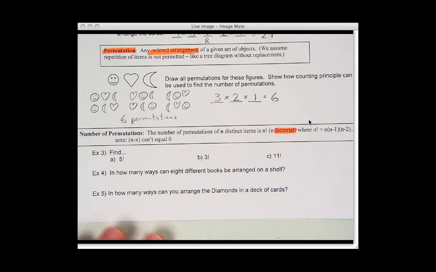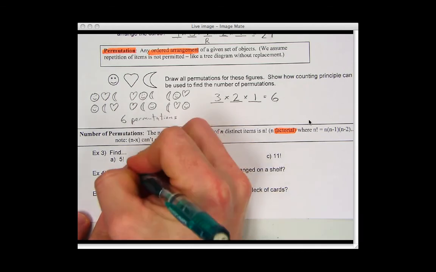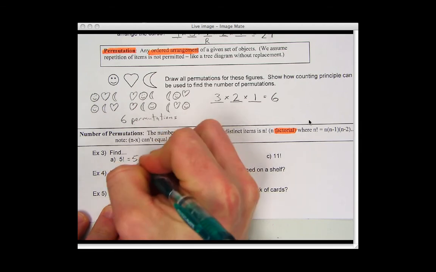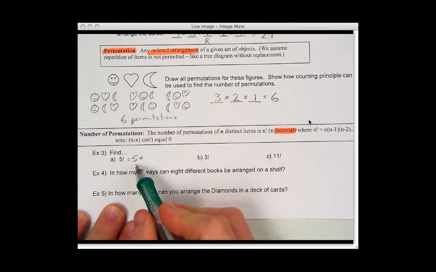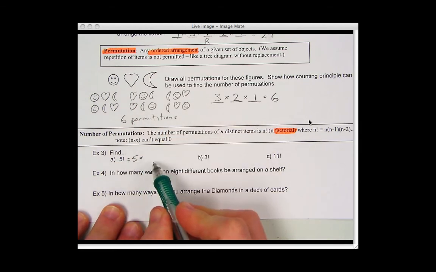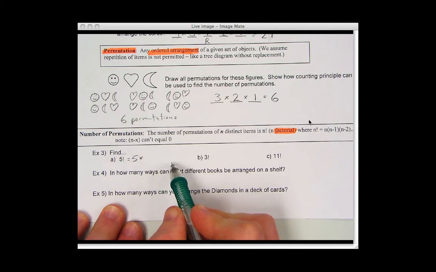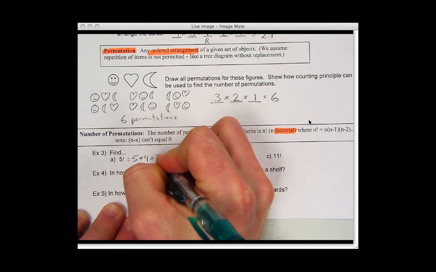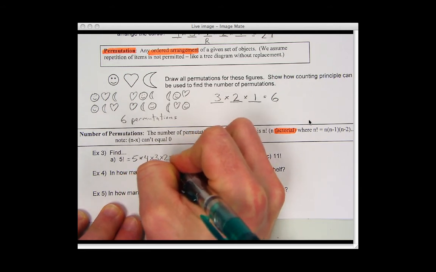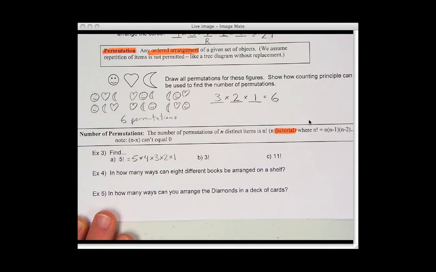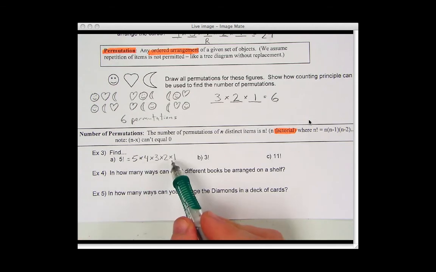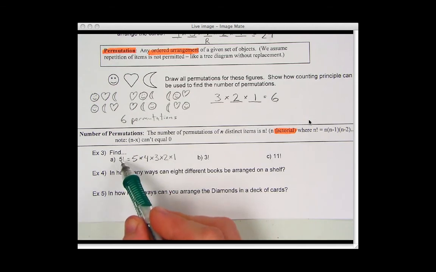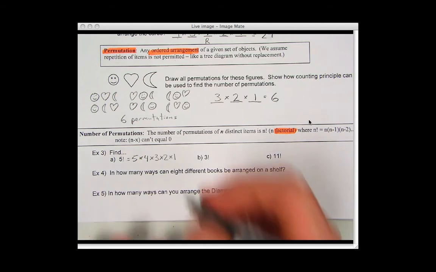Okay, what it means is you start with the number 5, and then you multiply by each smaller integer all the way down until 1. So this is going to be 5 times 4 times 3 times 2 times 1. So that's how you expand a factorial. It's a very short notation there.